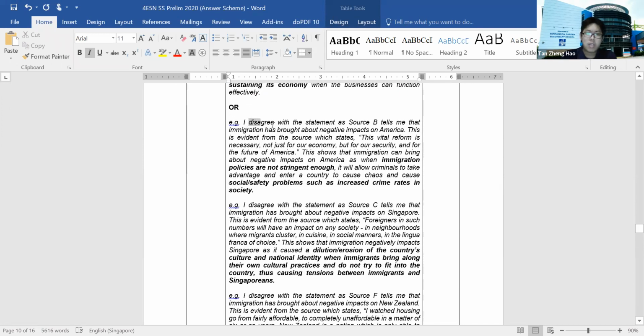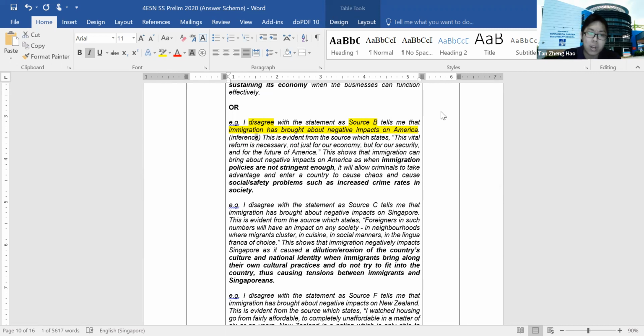Okay, I disagree. So I very clearly state I disagree. Why do I disagree? Which source disagrees? Source B disagrees. Why does source B disagree? Because source B tells me immigration brought about a negative impact. I disagree because it tells me it has a negative impact on the country, on America.